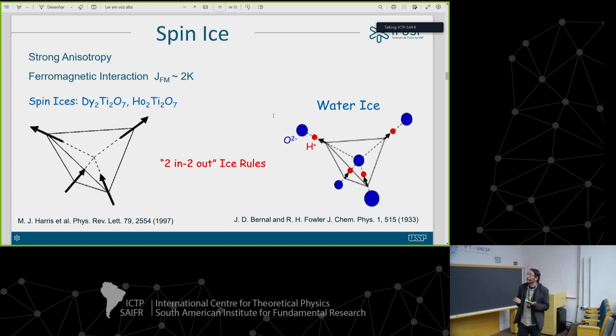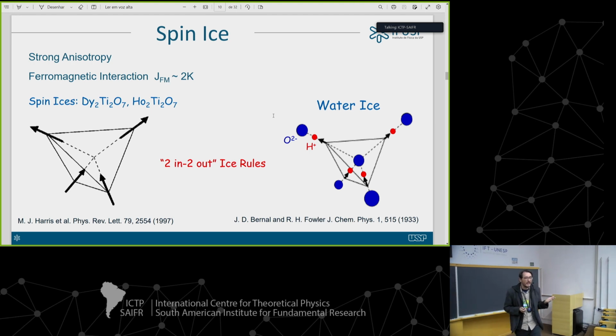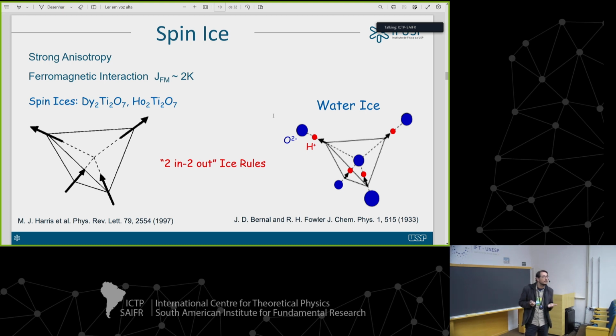And because of the anisotropy, it's funny, because the anisotropy changes things around. Usually, we are used to seeing frustration for antiferromagnetic interaction, but here, because the spins are confined to this 1-1-1 direction, if the interaction is antiferromagnetic, you have a non-frustrated situation, right?